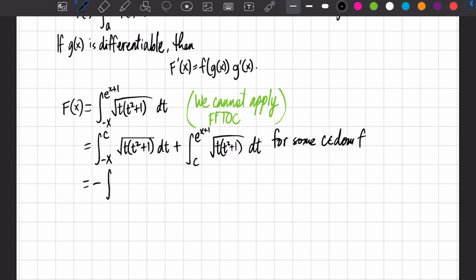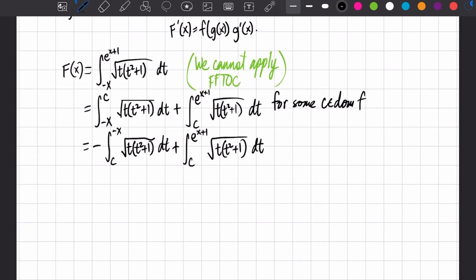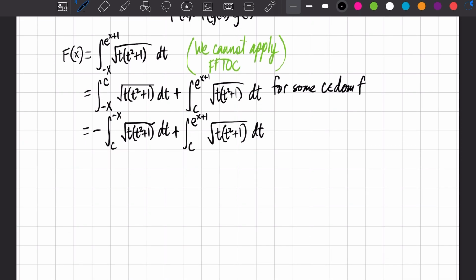So you have the negative integral from c to negative x of the square root of t times t squared plus 1 dt, plus the integral from c to e raised to x plus 1 of the square root of t times t squared plus 1 dt.